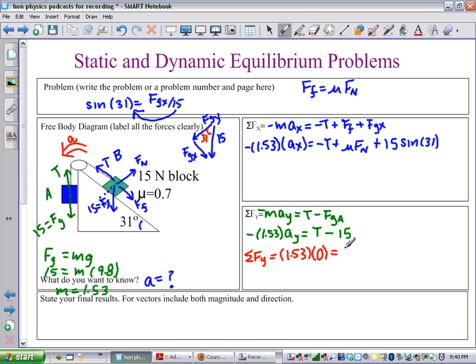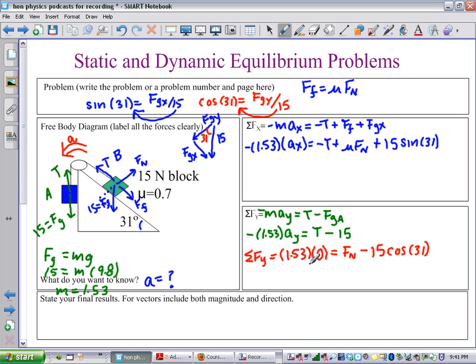Fn is up, so it's positive, minus Fgy, which is going down, and that's adjacent to the side. So cosine 31 is equal to Fgy divided by 15. I move my 15 over to this side, so I get minus 15 cosine 31.